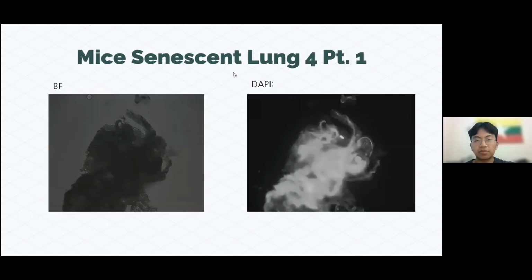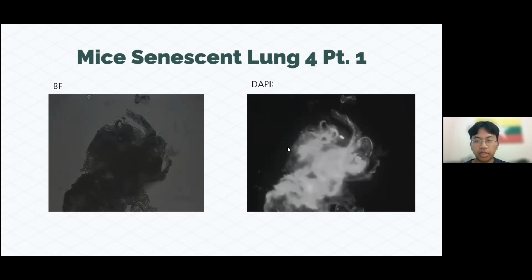And towards our fourth senescent lung cell, this shows the bright field image. The darker coloration is due to the compression of the cell tissue. And towards the right, the DAPI images did come out nicely.